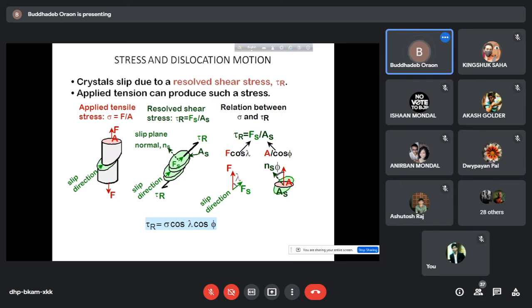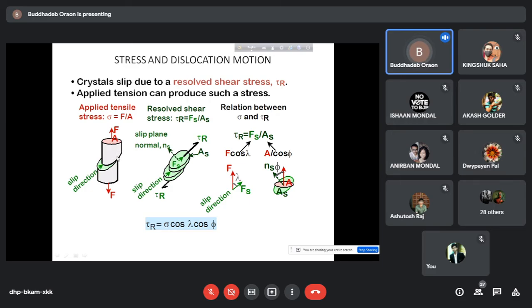And if you just see this diagram, which is quite simple. Suppose you have applied a load F in this direction, and the cross-sectional area is A. As we have seen, in most ductile materials there will be a slip plane in a particular direction.